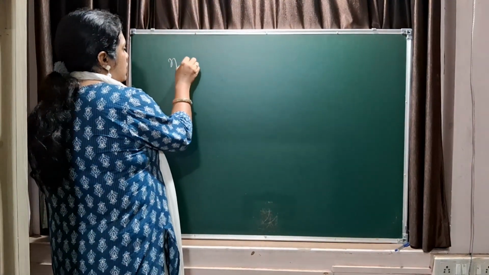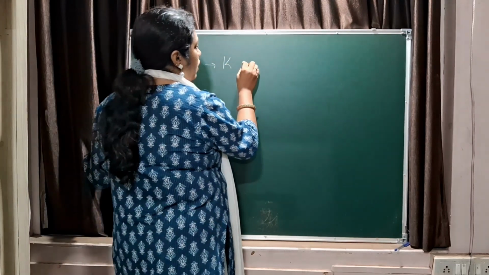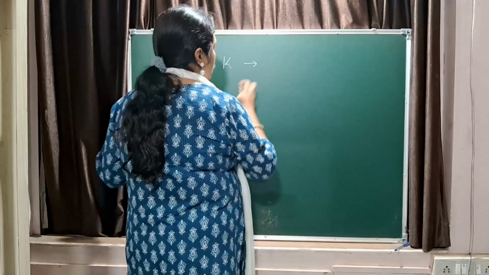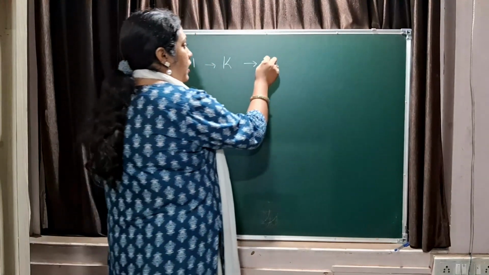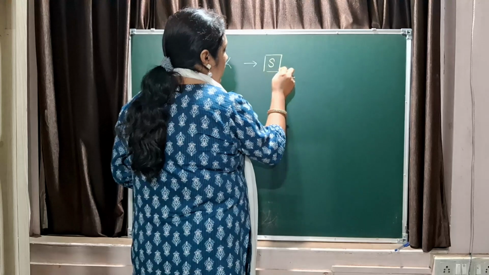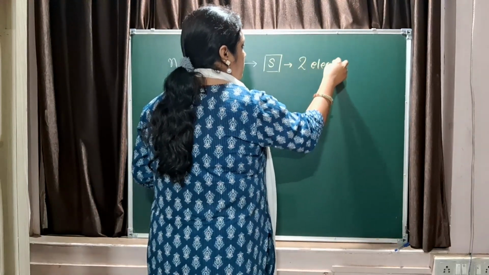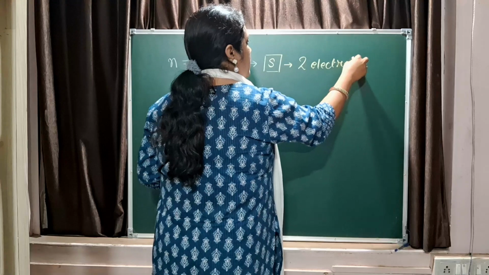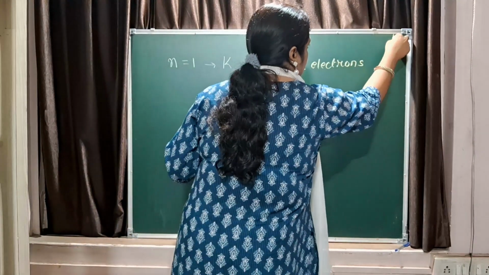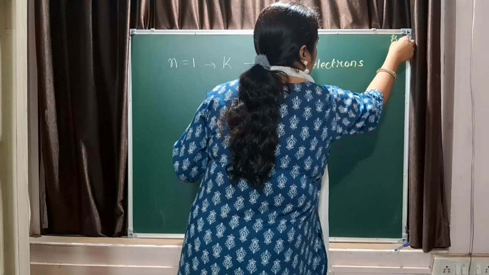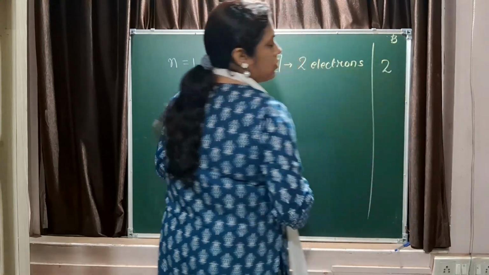For n equal to 1, that is your K shell, it has one orbital which is called S. Now S orbital can have only 2 electrons in it. So this explains the Bohr-Bury law of K shell having 2 electrons.